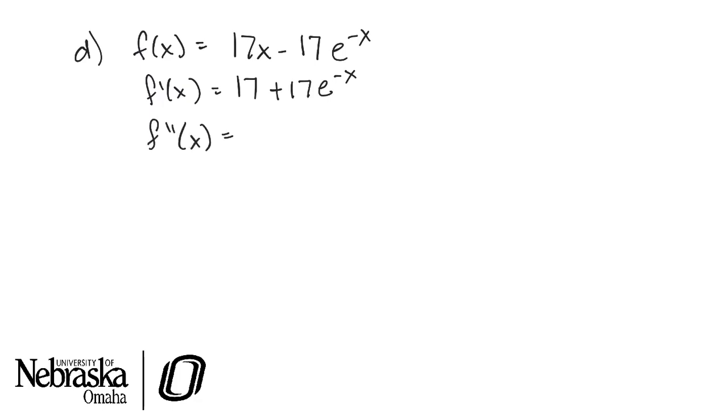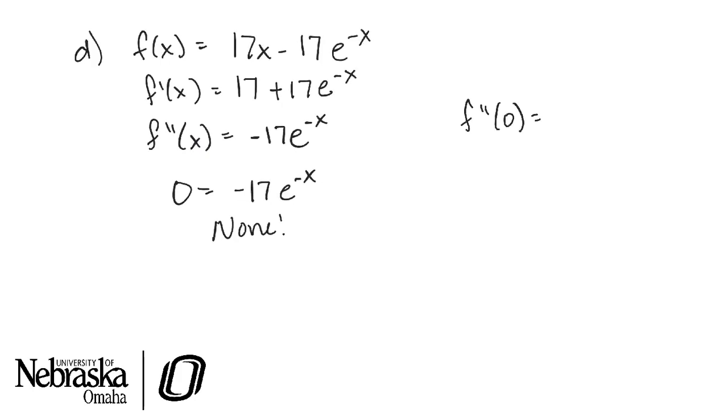The derivative of 17 is 0, but our sign will flip again when we take the derivative of e to the negative x. Okay, so when is this equal to 0? Well, no matter what we plug in for x, it will never be equal to 0. So there's no solution to this. So that means we could just check the second derivative for anything.